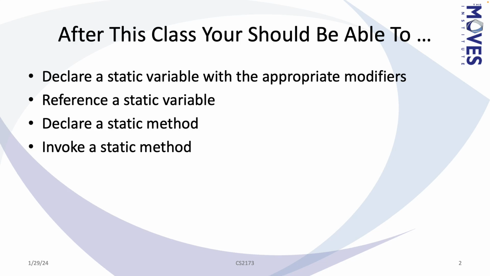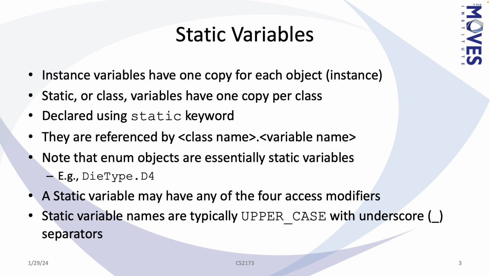Basically, we'll talk about how to declare a static variable with the appropriate modifiers, reference a static variable, declare a static method, and invoke a static method. We've pretty much done all that. And then there's this composition example I want to go through.